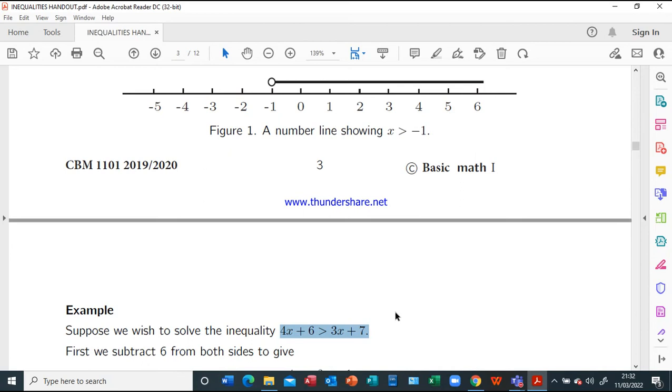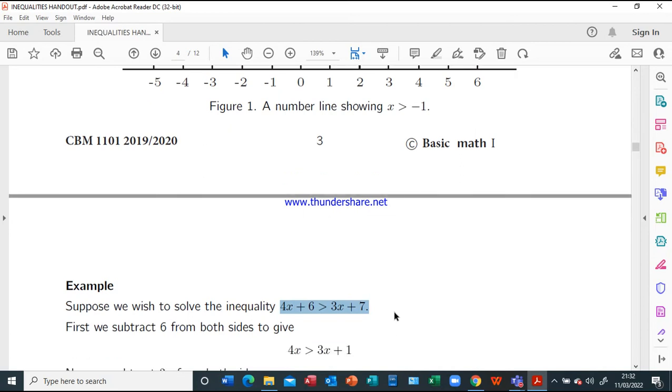Now maybe let's first go through it step by step. The first step is to subtract 6 from both sides.